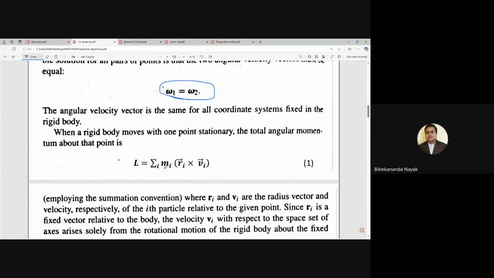For a rigid body, we know that angular momentum L is equal to R cross P. If it constitutes a number of particles, then L is the sum over i of Ri cross Pi.